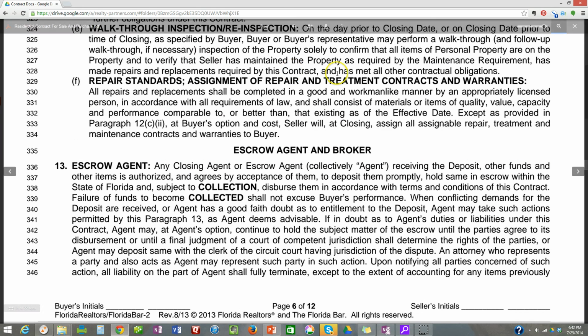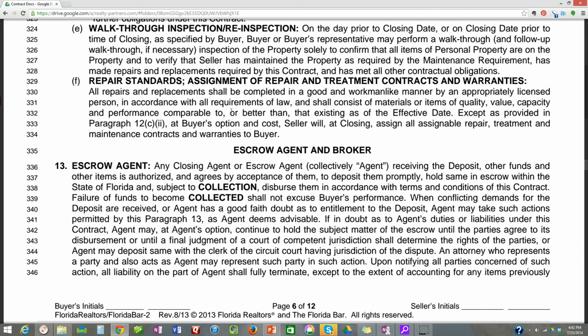Then repair standards. All repairs shall be completed in good workmanlike manner by an appropriately licensed person. Something to consider as a buyer agent: you want to get copies of the repair receipts from the seller. And unless it's something really minor, you don't want the seller to fix electrical things themselves if there's something found.